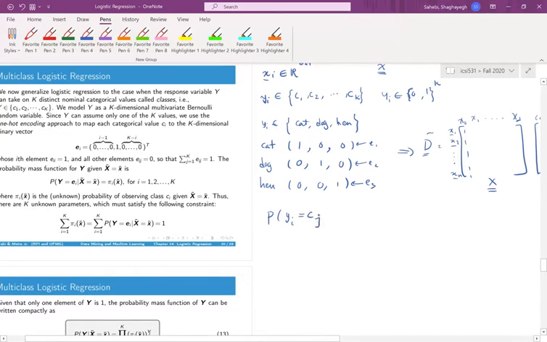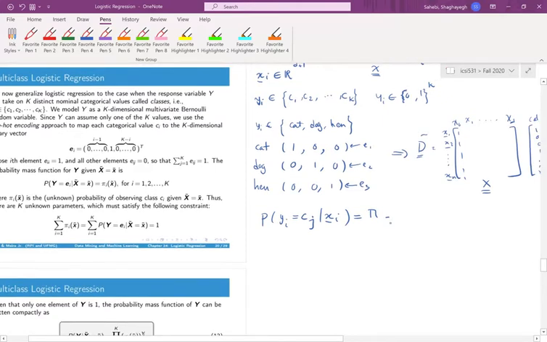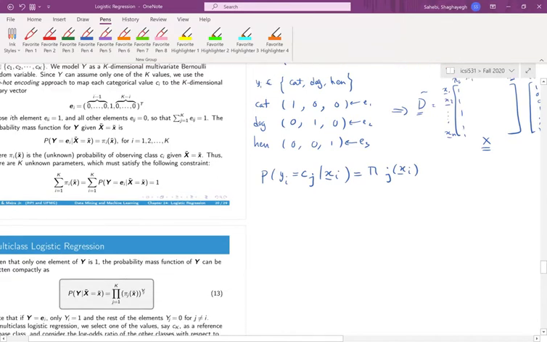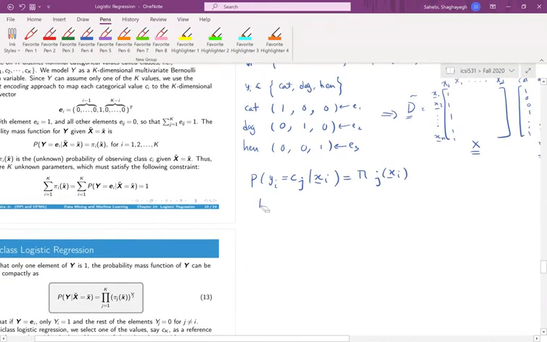So instead of 0 or 1, we say class Cj given our data point xi. And we can define a function pi, but for each class, we are going to define a function pi_j for class Cj of xi. So probability.